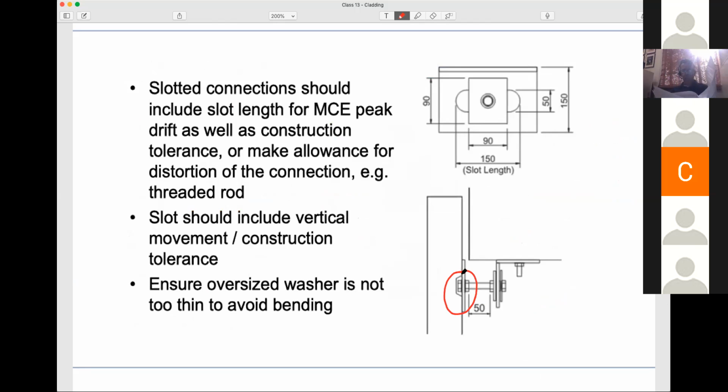You kind of get a look at it. It says MCE, you can kind of read that. That's the maximum credible earthquake. So again, you want this to work such that the slot will allow for the drift that's going to occur when the biggest earthquake they expect, from a design perspective, occurs.